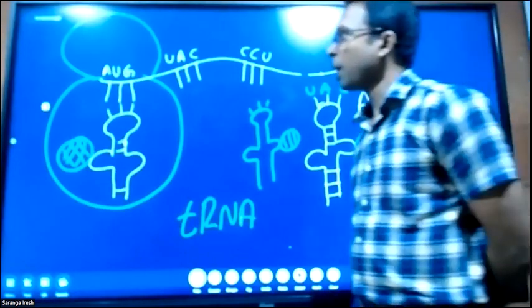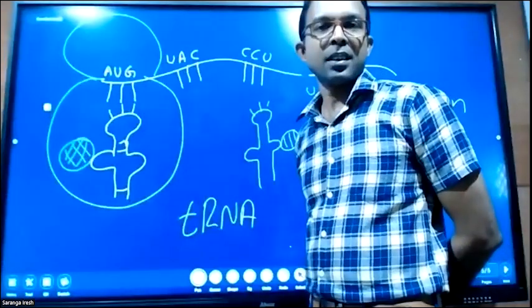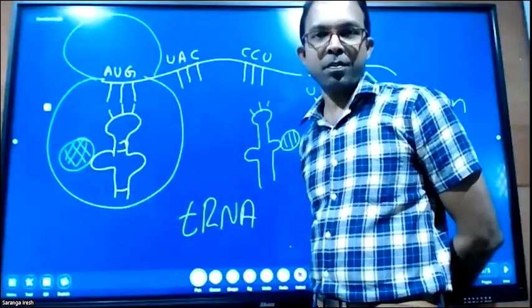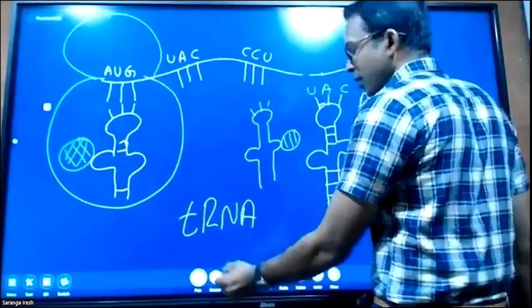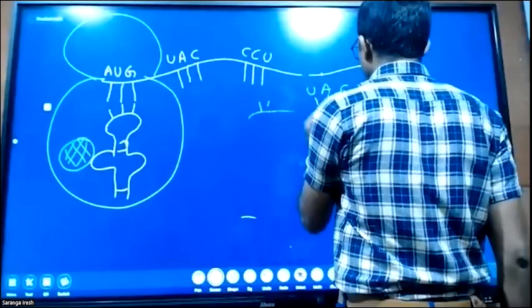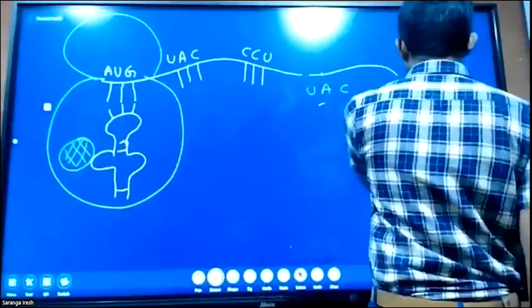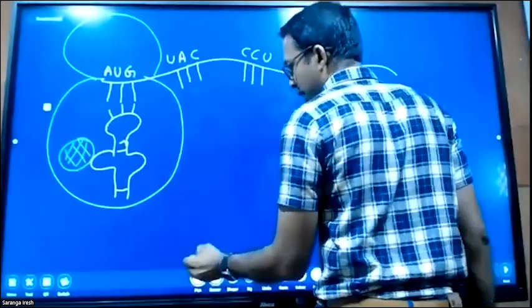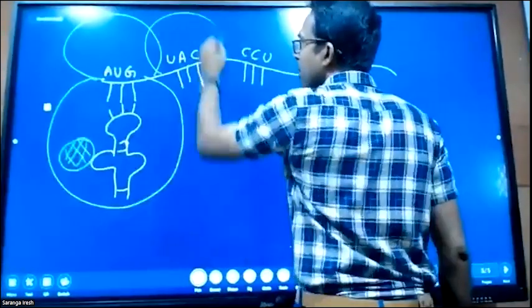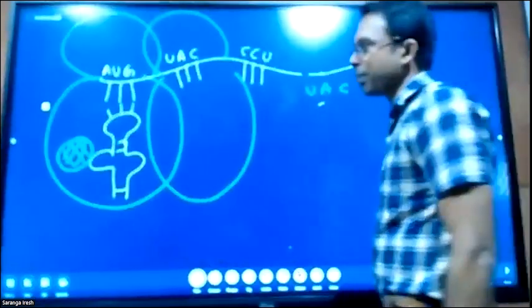And then the ribosome is moving along the mRNA molecule. Ribosomes start to move along the mRNA molecule. Okay. So what happens there? Now the ribosome is moving along the RNA molecule.